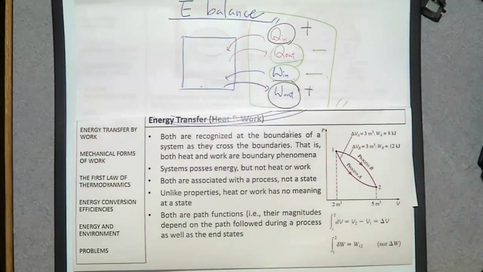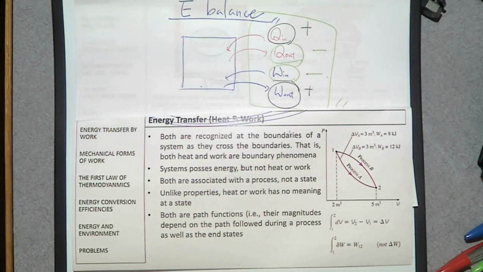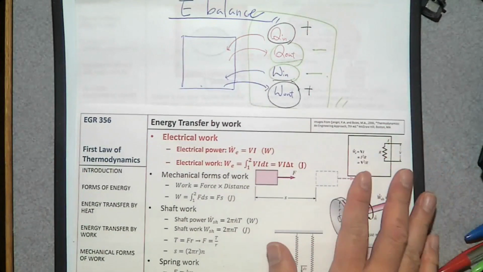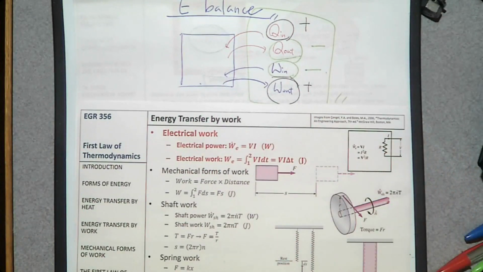These are very simple, you can just read through them. What is important on this slide is how we can determine energy transfer by work. There are many different ways.